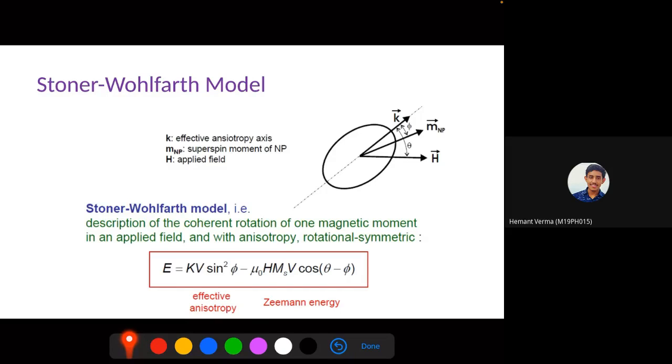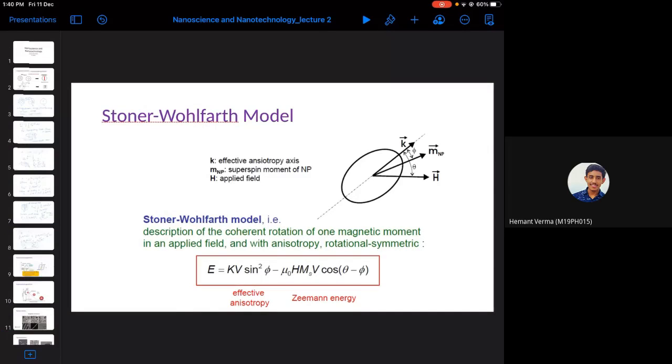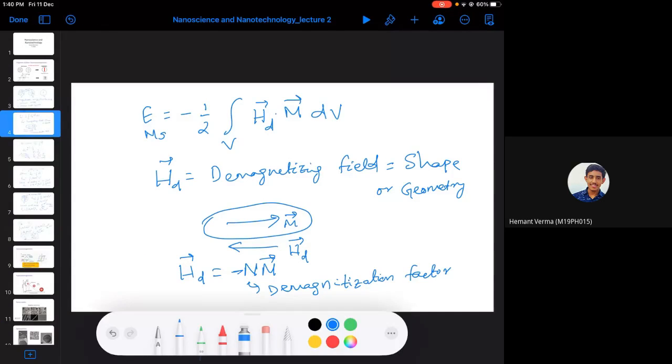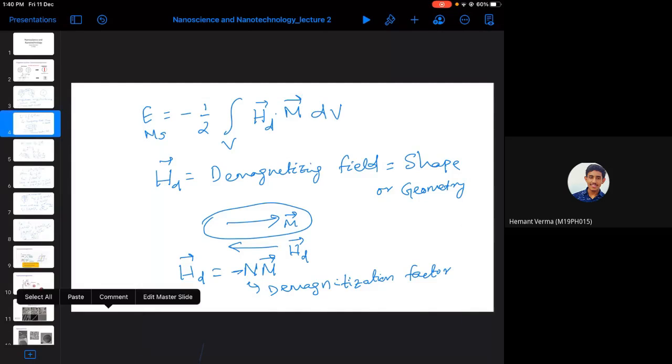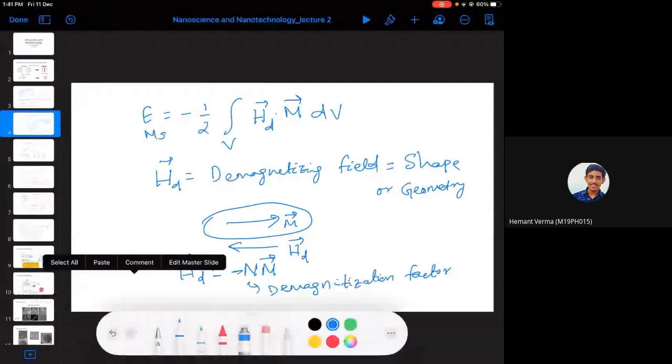If I go back, the value of n is different for different geometries. So for a sphere, because the distribution is isotropic, we said this n will be one third.